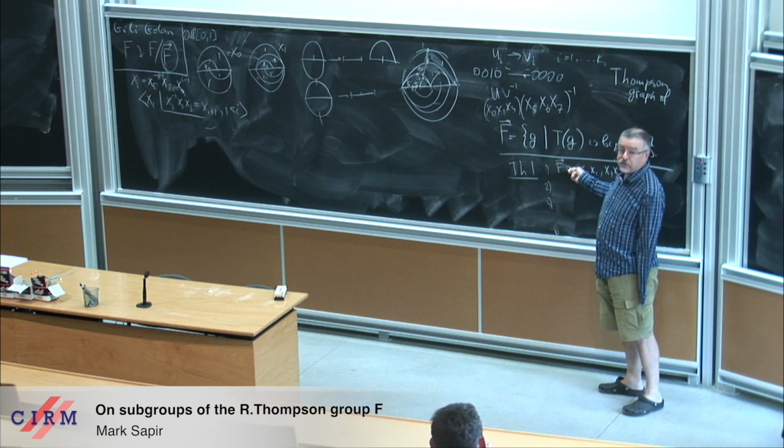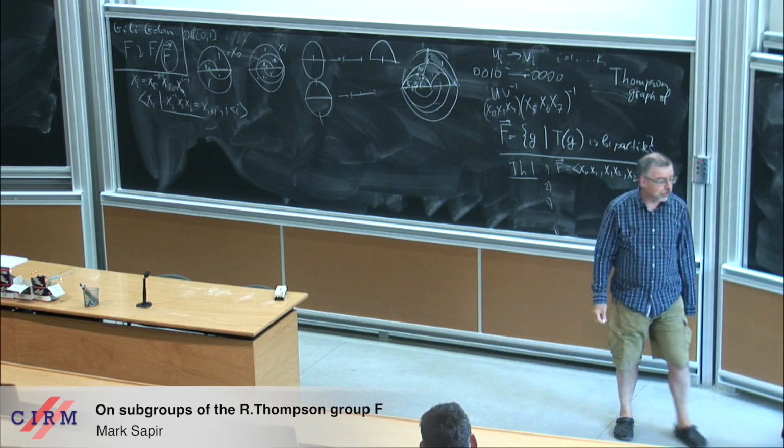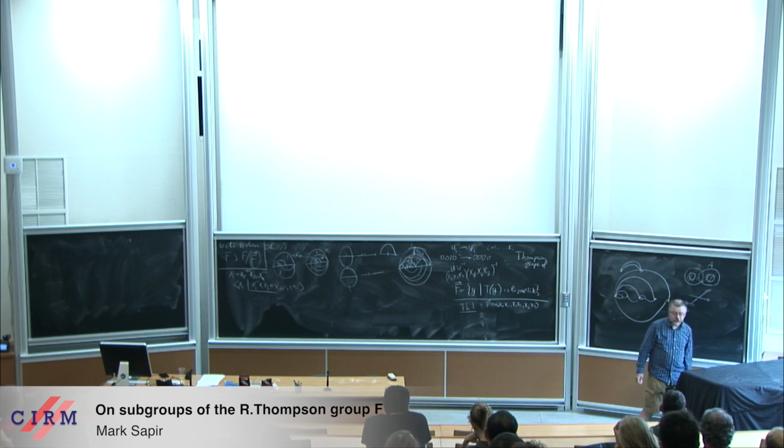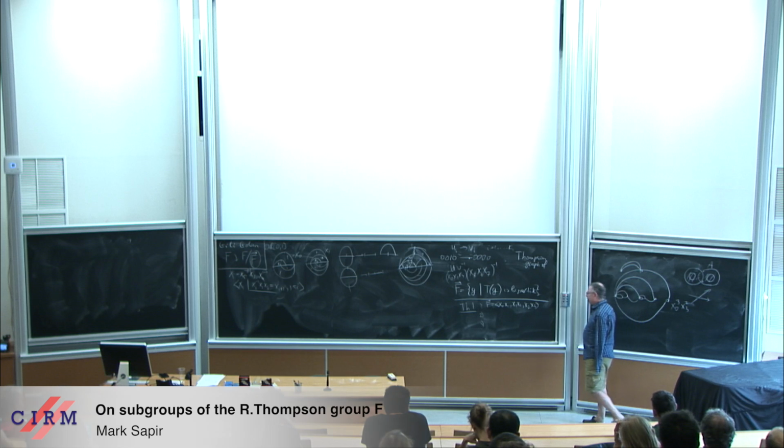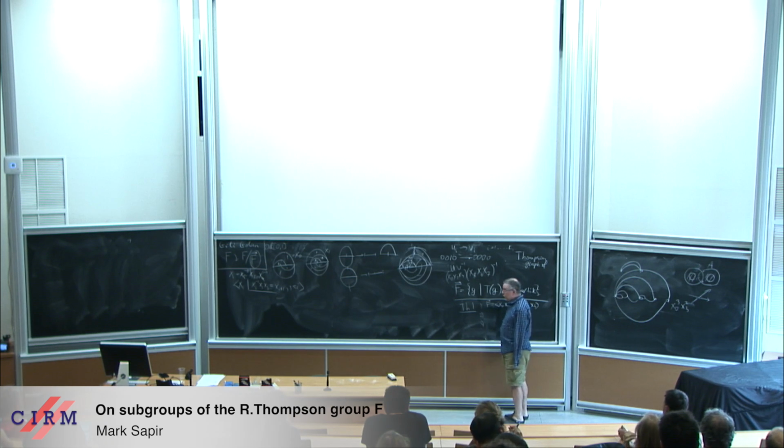But the fact that there is nothing else in this subgroup is kind of difficult to understand. In fact, till the very end of writing the paper, I thought that the subgroup is infinitely generated. And why would it be finitely generated? It's completely impossible to just predict.